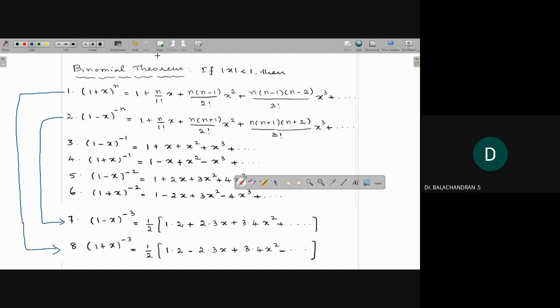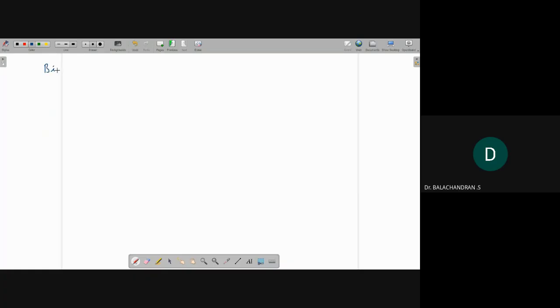Okay, so now I'll go to the problem. Coefficient of x power n, using binomial theorem. Okay, first problem.